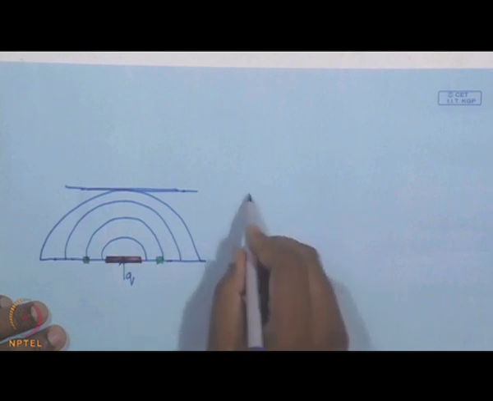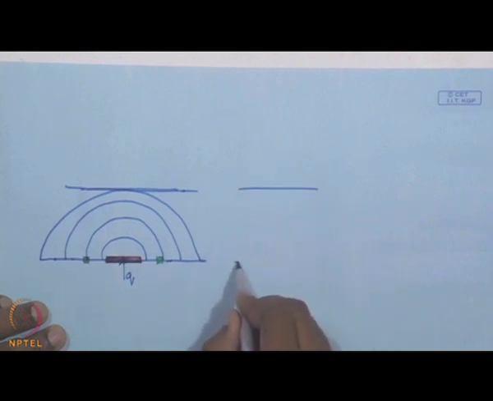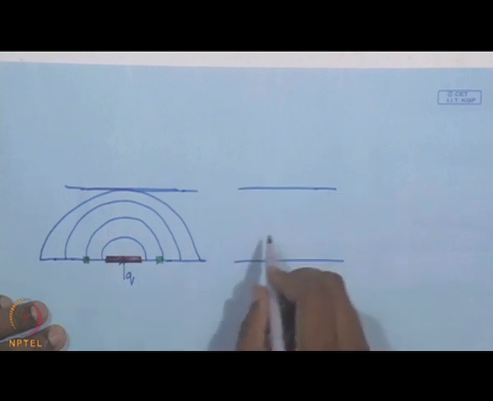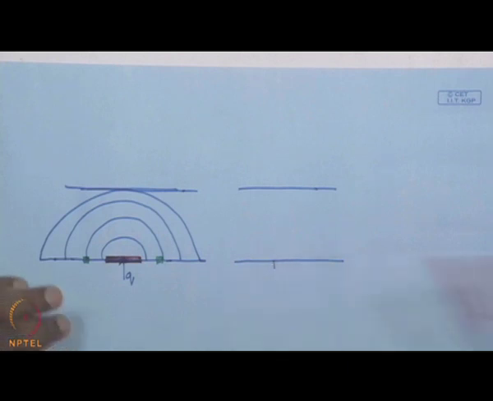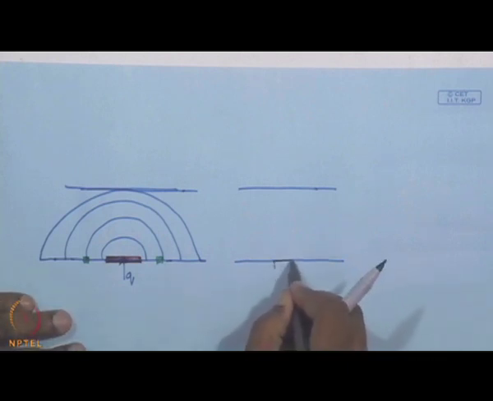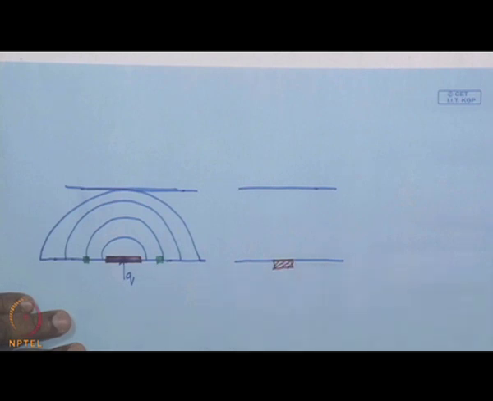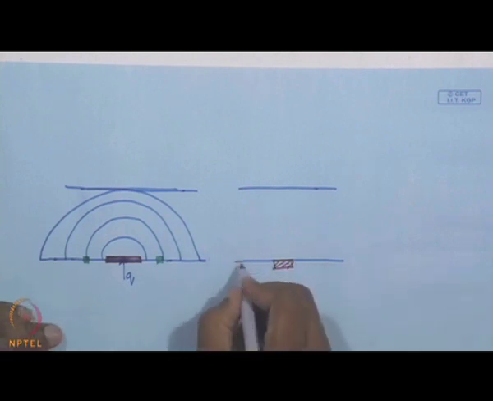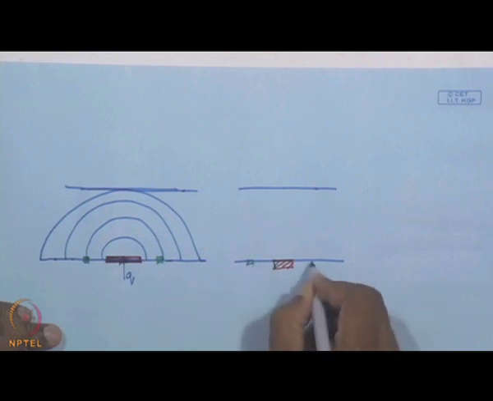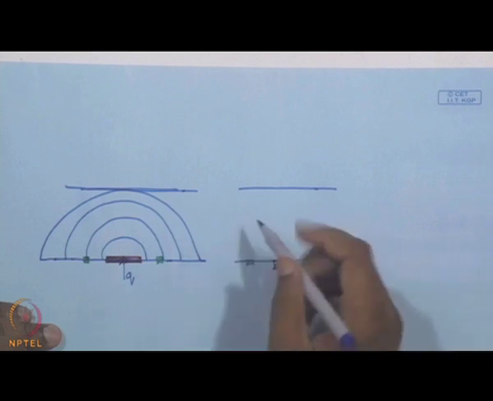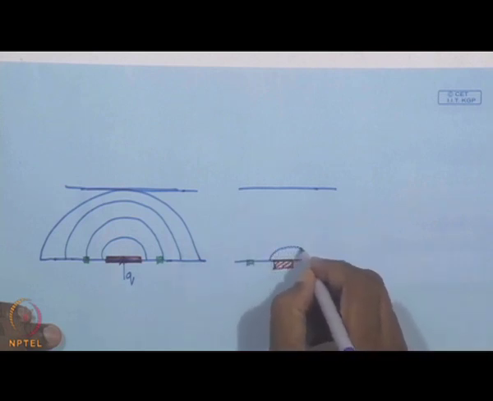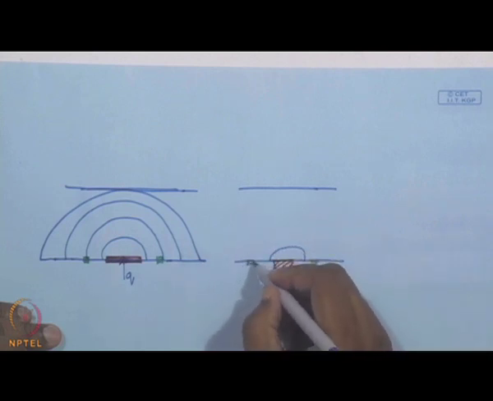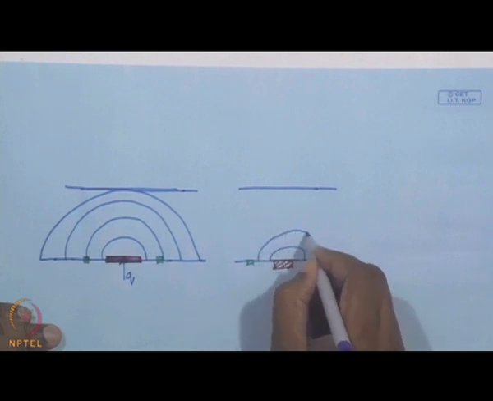But this symmetry is going to be disturbed the moment I have a flow present in the system. So, the moment I have a flow in the system, the profile will look something like this.